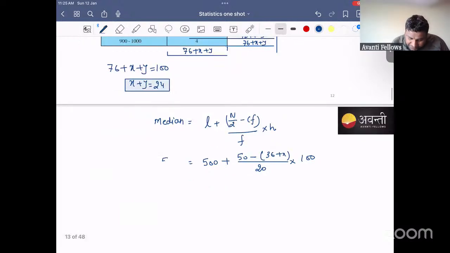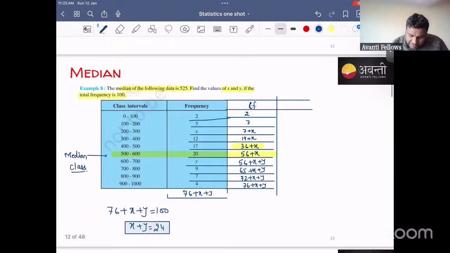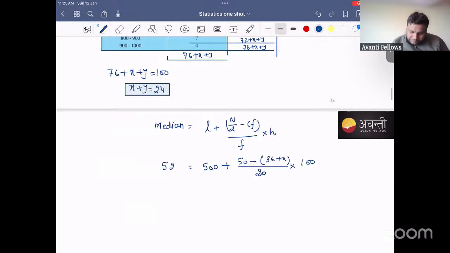And it is 525. So now it will be 25 is equal to, this goes 5 times, 50 minus 36, 14 minus x, into 5. So 14 minus x is equal to 5.